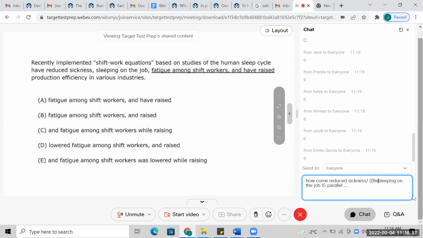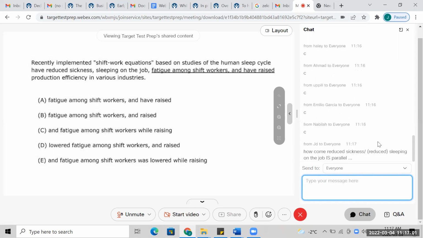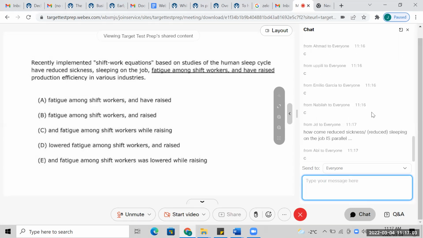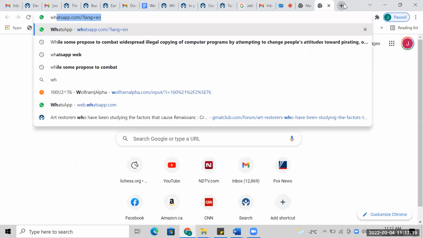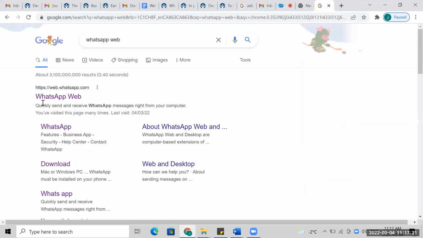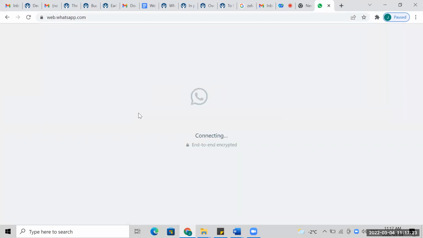Okay, so let's start. The first thing we do when we read the SC question is read the entire sentence. If we focus too much on the answer choices or on the underlined part, we're going to miss things. So let's read the whole sentence. Recently implemented shift work equations based on studies of the human sleep cycle have reduced sickness, sleeping on the job, I see a list coming, fatigue among shift workers, and have raised production efficiency in various industries.